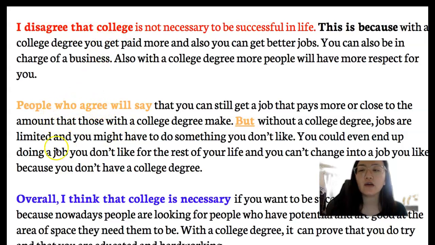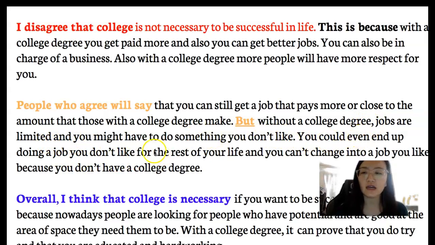Then they're going to go to a counter argument where they talk about what other people on the opposite side would think and why they disagree. The counter argument says people who agree will say that you can still get a job that pays more or close to the amount that those with a college degree make. But without a college degree, jobs are limited and you might have to do something you don't like.